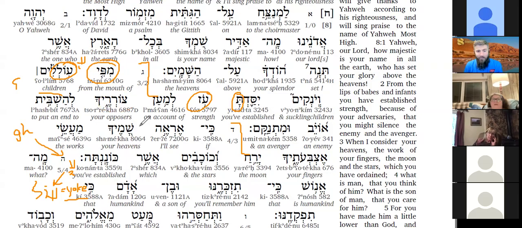Your enemies? Well, we've got the word oyev, which is properly translated as enemies. Tzorecha would be those distressing you. So it's kind of the same thing. They're synonyms. They're certainly in parallel. But lehashbit, what's the root of lehashbit?